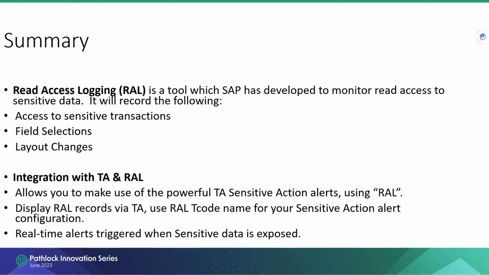We can then display the RAL record via TA, saving us time rather than going through the RAL selection screen, which, as I've mentioned before, is very time consuming. And then we get those real-time alerts. That's the key for me when sensitive data is exposed.